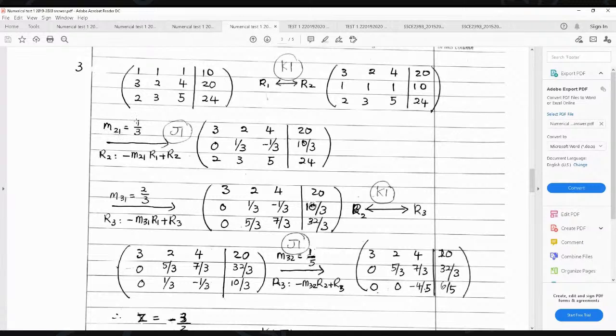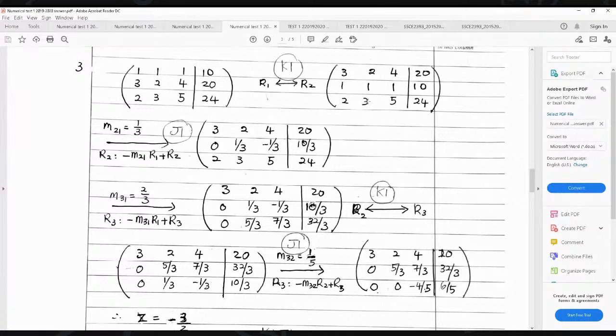M21 is A21 divided by A11, which is 1 over 3. The formula is to create a new row, because you want to make A21, A31 and A32 zero.